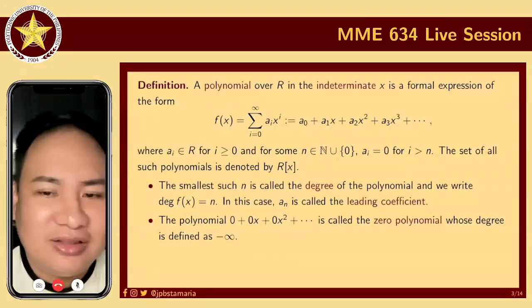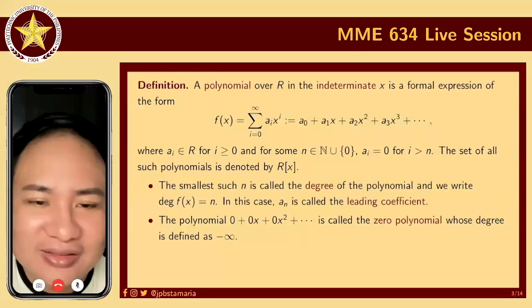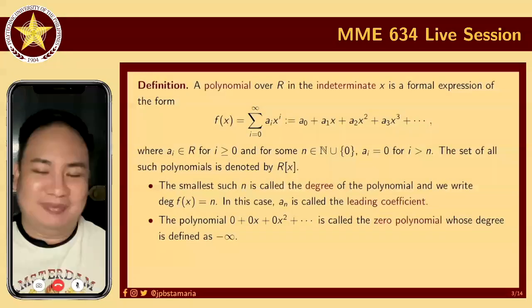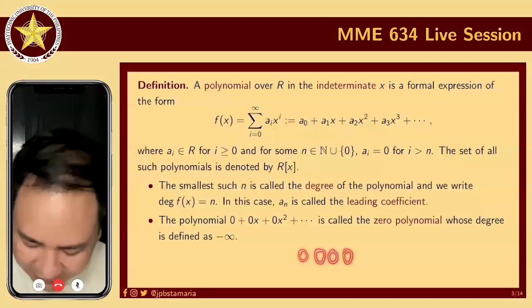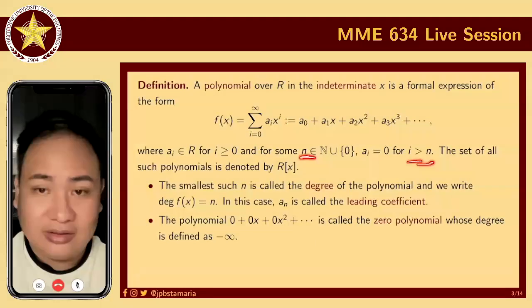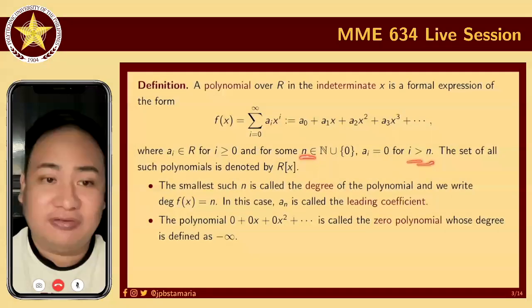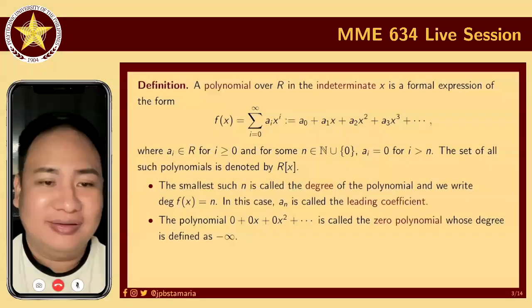Paano nyo dinidefine ang degree ng zero polynomial noon? Kasi kapag zero ang polynomial, walang ganito eh. Wala kang makikitang ganito. In fact, sa simula pa lang, zero na. Diba?